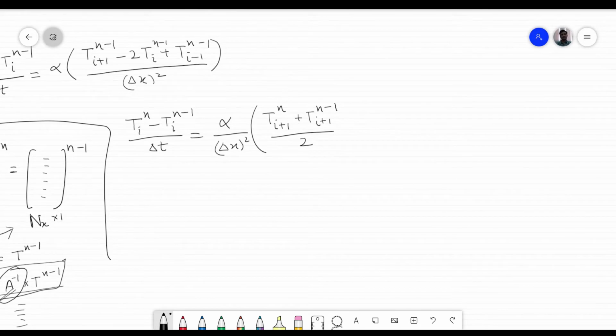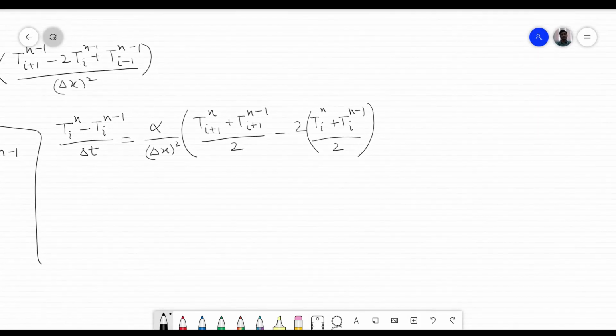This is an average. Okay, so you get these averages.